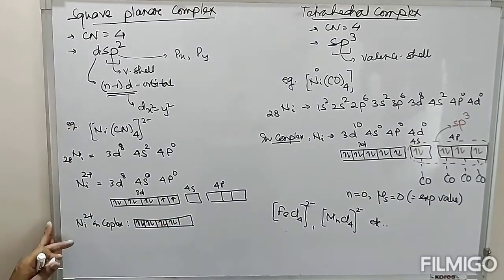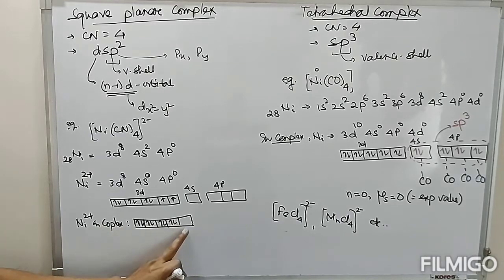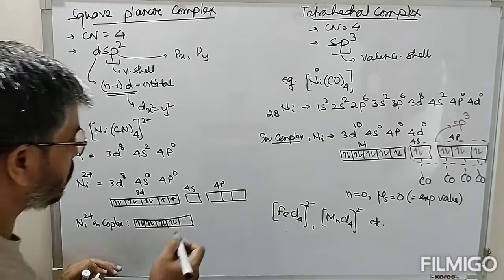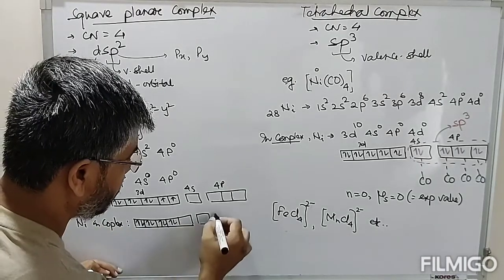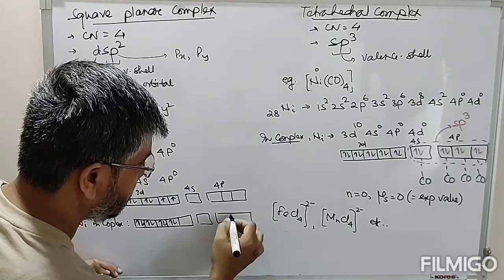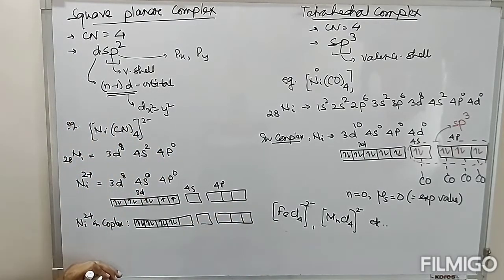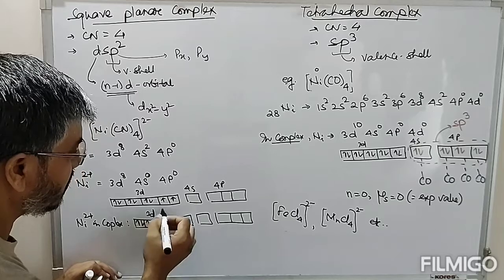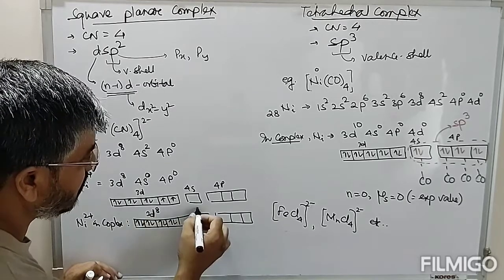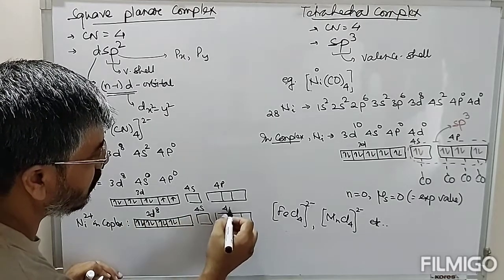So we have one d orbital left. So this is against the violation of Hund's rule. So we have 3d8, 4s, 4p.